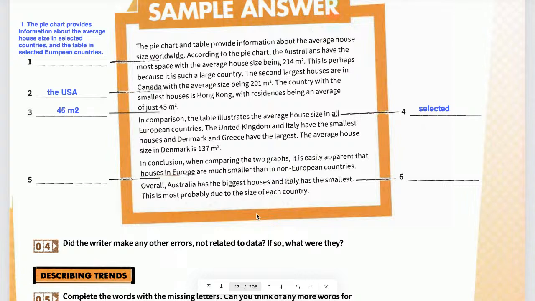I think the houses in Europe is wrong. I change it to house in selected European country. You change it to house size in European countries? Actually in Europe, that means in European countries, so that's correct. But what is wrong here?